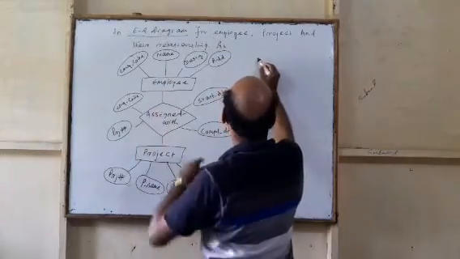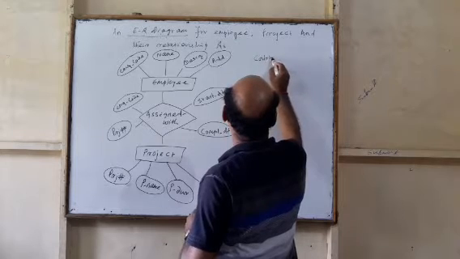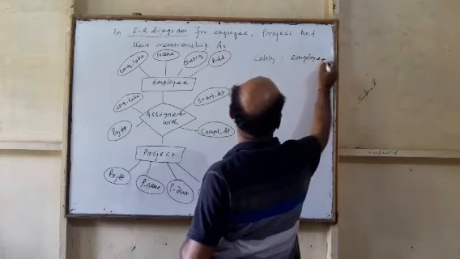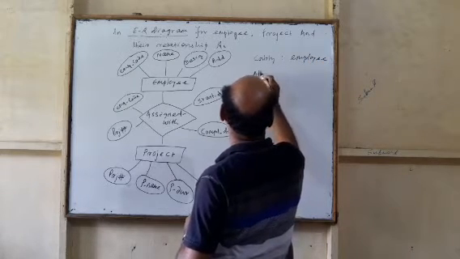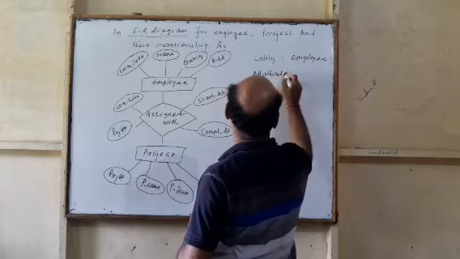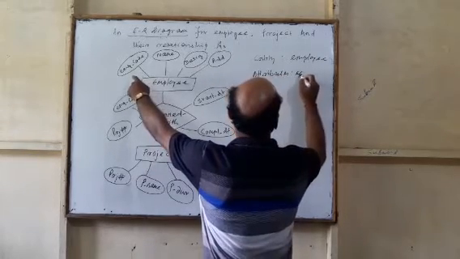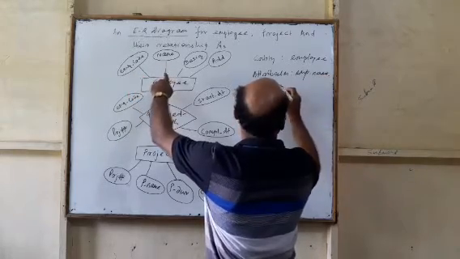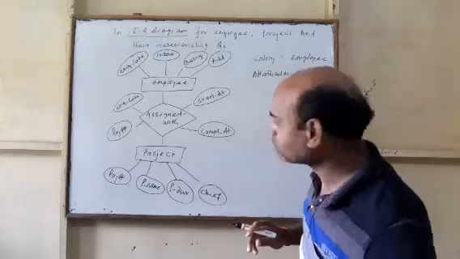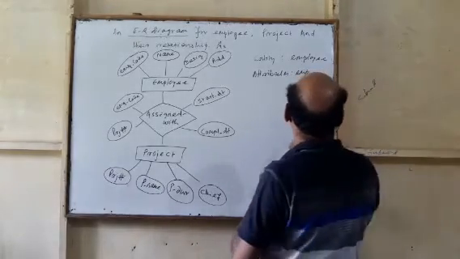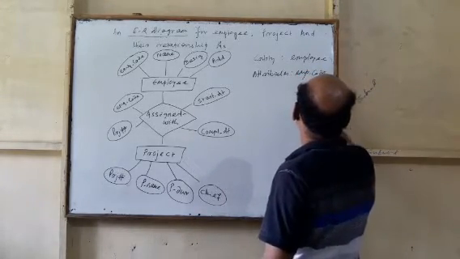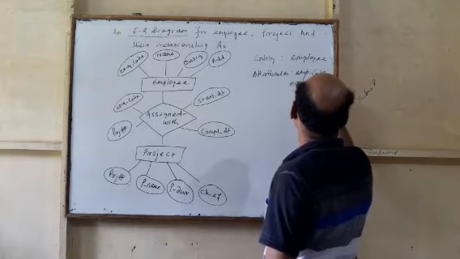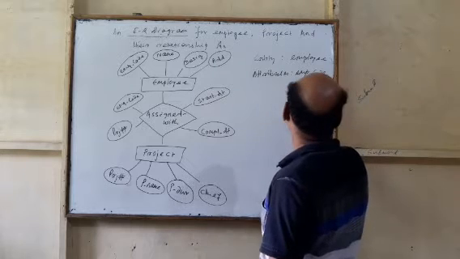So the entity is the employee. Attributes are employee name, I am writing EMP name, EMP code, name, designation, and address.